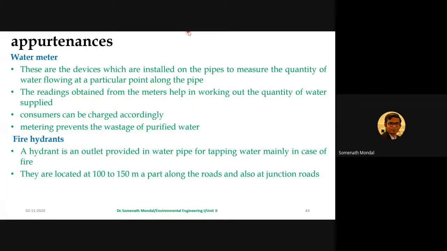In main pipelines, these fire hydrants are located at 100 to 150 meters apart along the roads, and also at the junction of the roads. And if you see, these fire hydrants are basically of two types: flush hydrants and post hydrants.